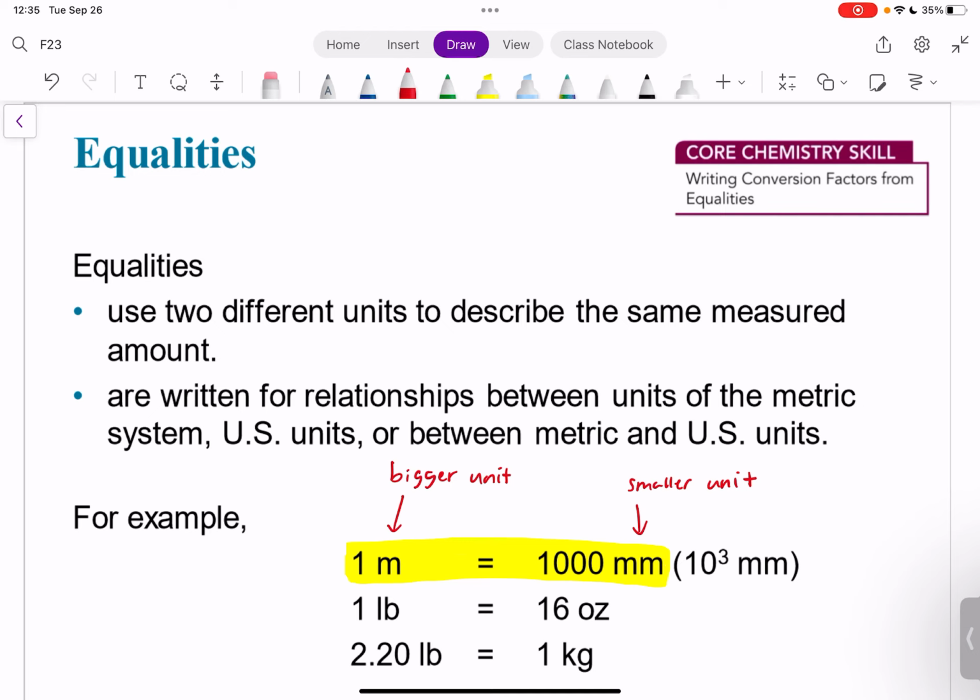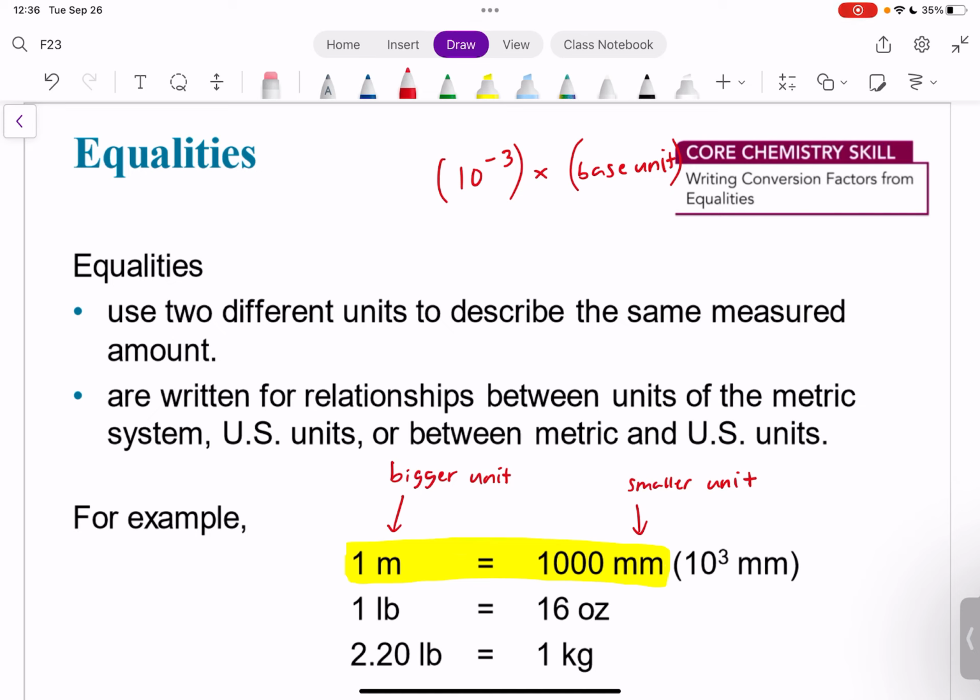In this case, remember we said that a millimeter is 10 to the negative third times our base unit, and that's showing us how much smaller that millimeter is. So we can multiply our base unit by 10 to the negative third to convert to millimeters.